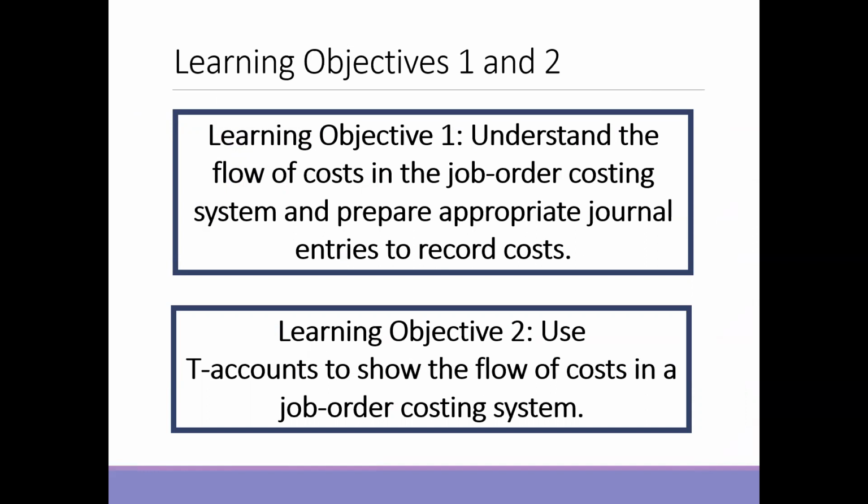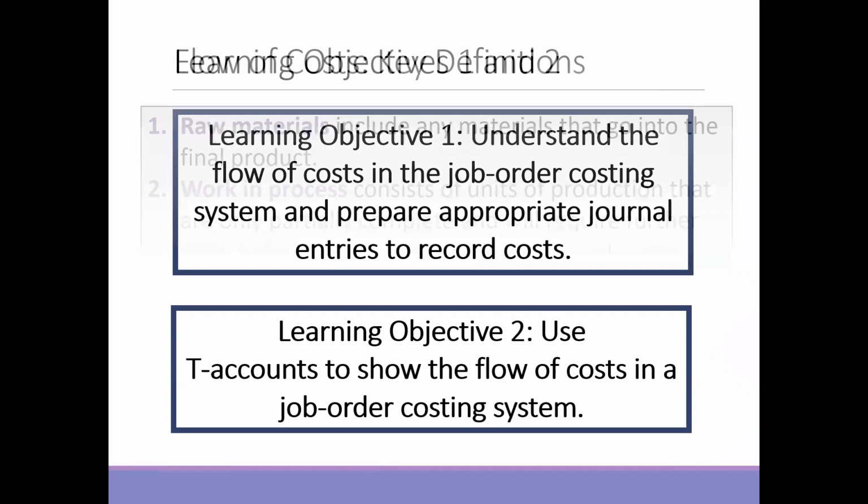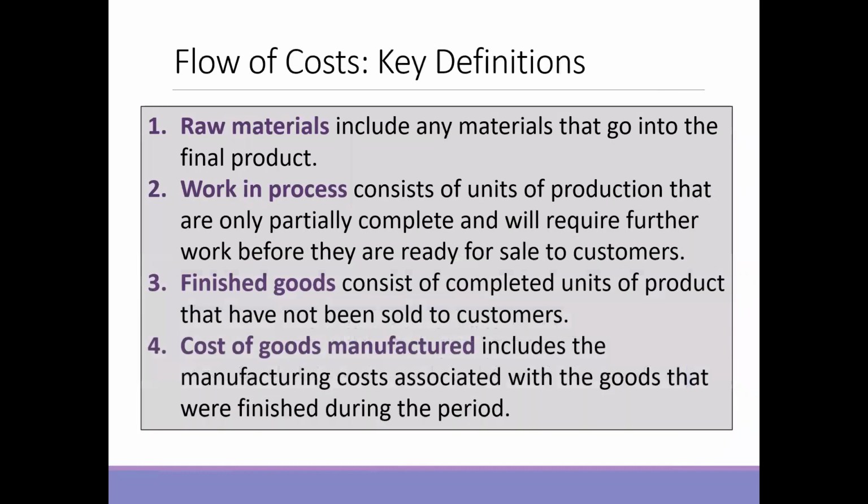In other words, when we requisition materials, they flow into the particular order, and then ultimately go into finished goods, ultimately cost of goods sold. So we're going to look at that.